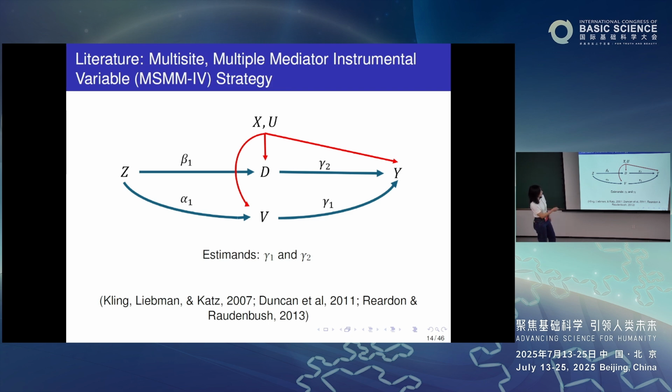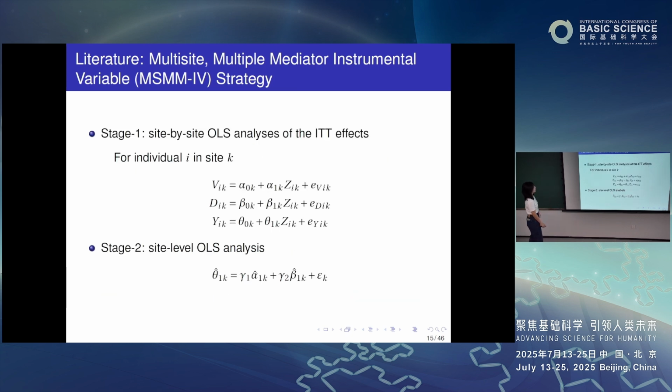But this is the basic setup that motivates us to build our work upon their strategy. And what they did is that, given this causal structure, they conducted the following analysis. They first do a side-by-side ordinary least squares analysis to calculate, within each site K, the average impact of Z on V, the average impact of Z on D, and the average impact of Z on Y. Then, after you estimate those three impacts within each site, you plug them into a site-level OLS analysis.